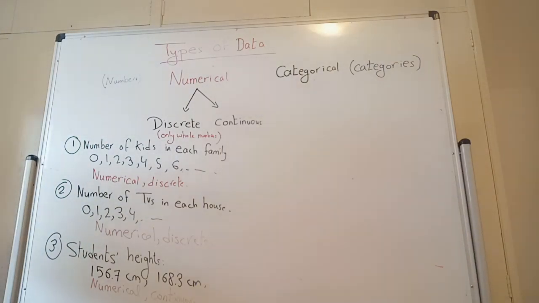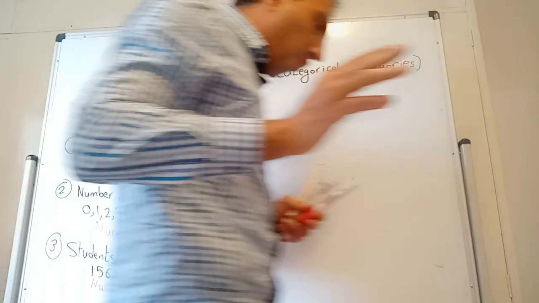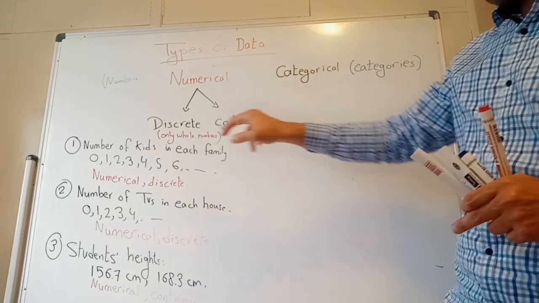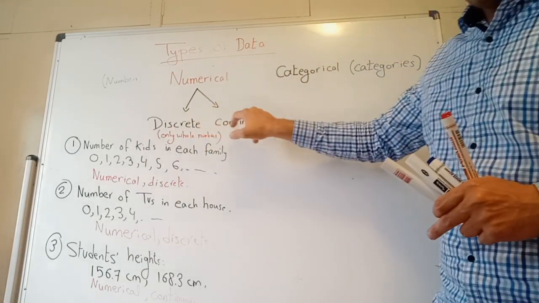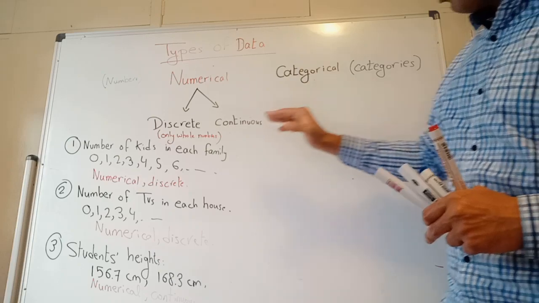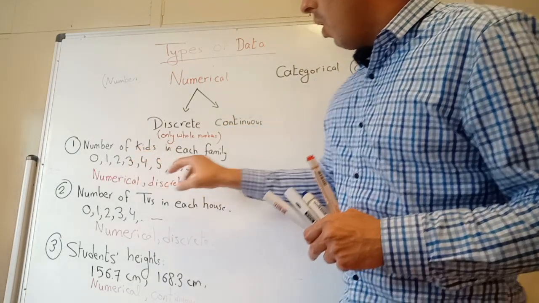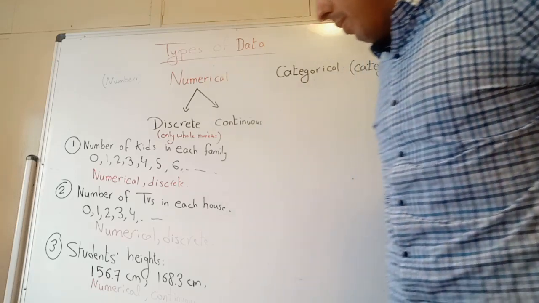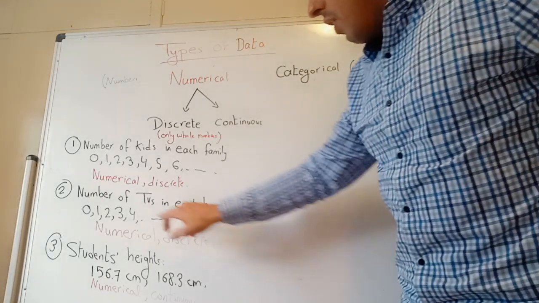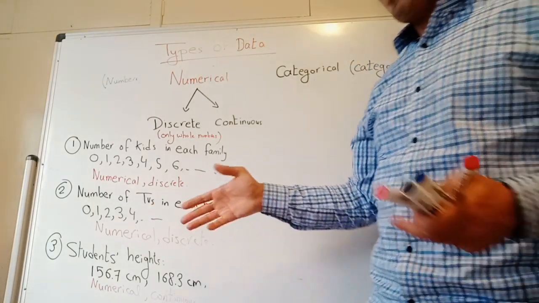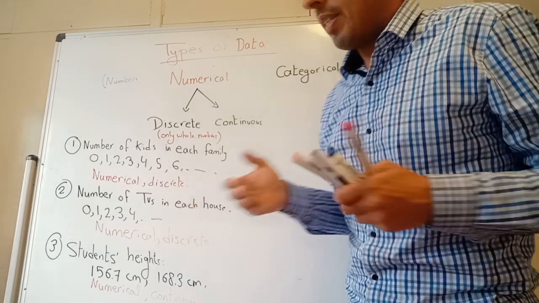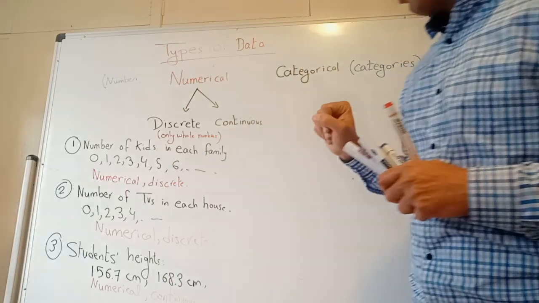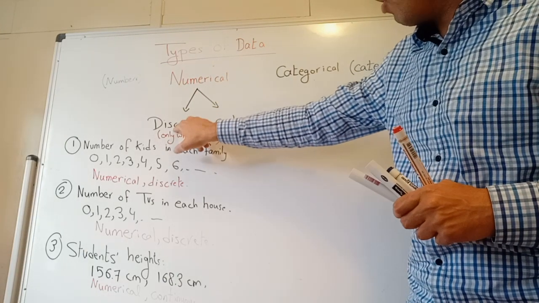So for now we can differentiate between two types of numerical data, which are discrete and continuous. Discrete is when you have only whole numbers, like number of kids in each family, like number of TVs in each house. I can't say 3.5 TVs. That's why I refer to them as discrete values. So this is called numerical discrete.